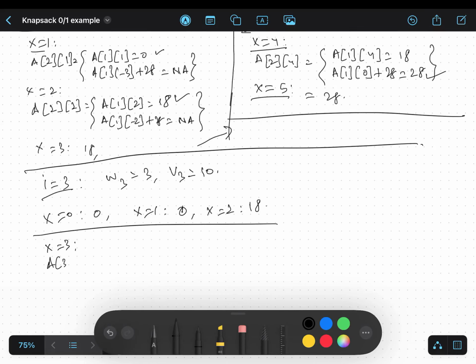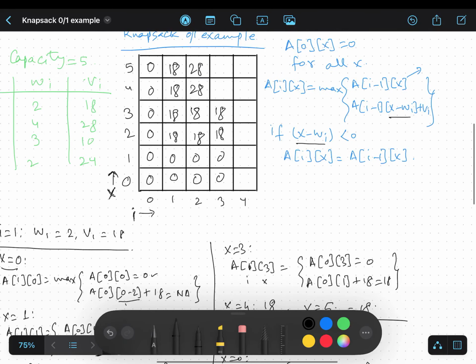Then A3 3 is max of A(i-1), which is A2 3, is 18, and A(i-1) is 2, and this is x minus w3, so which is 3 minus 3 is 0, plus v3 is 10, which is 10. So we get this, and A3 3 is 18. Okay.